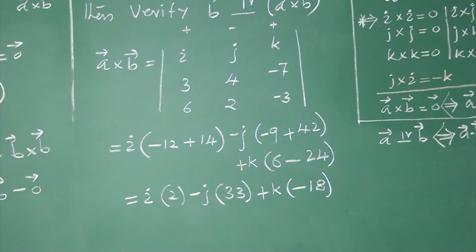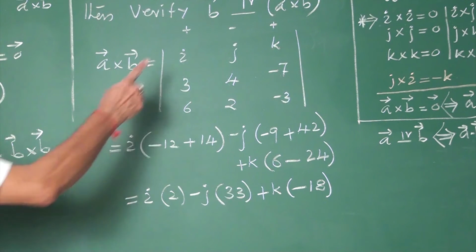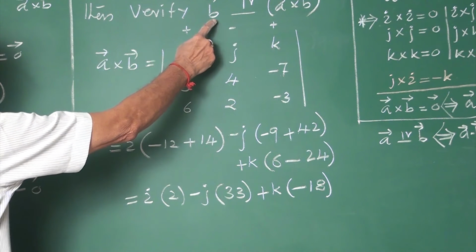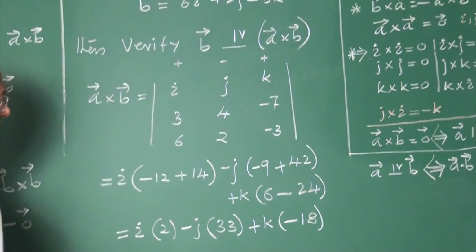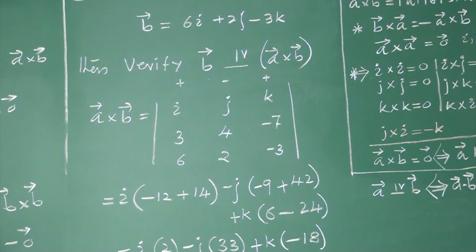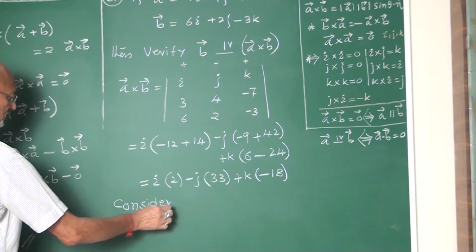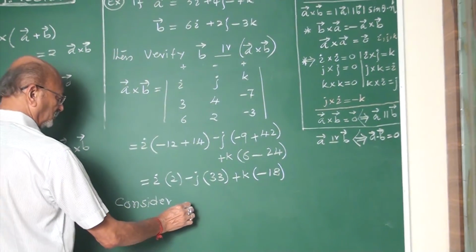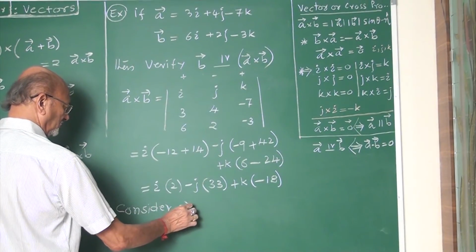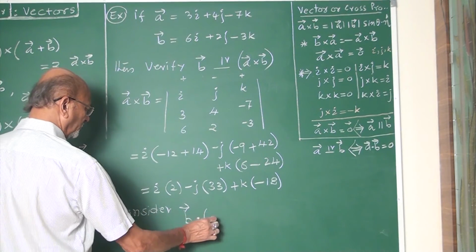What is this, my friend? A cross B. Then, you want to verify this. To verify this, you have to consider the dot product. Consider B dot A cross B.